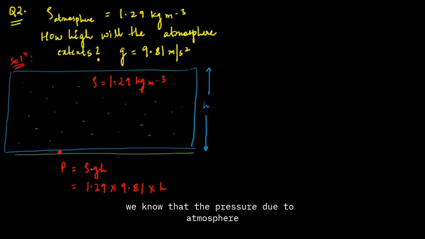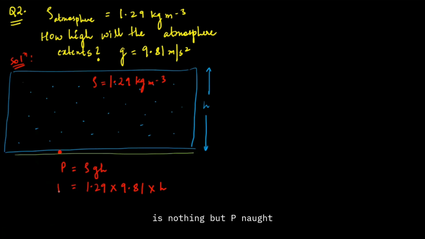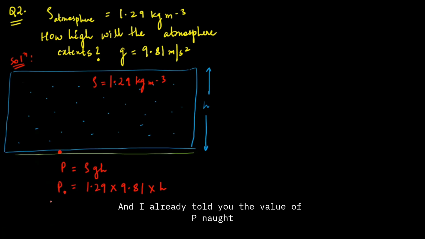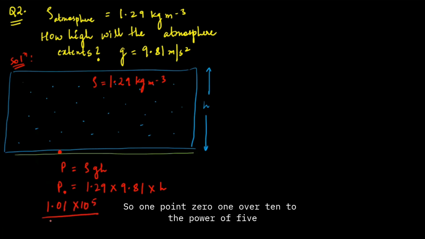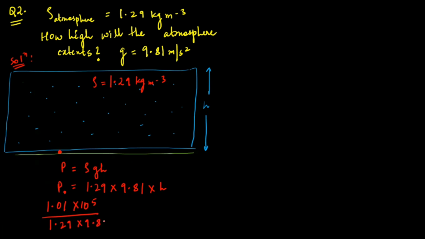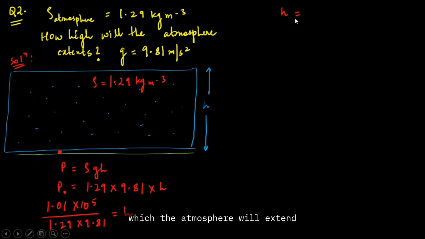Also, we know that the pressure due to atmosphere is nothing but P naught, and I already told you the value of P naught, that is atmospheric pressure. You can also write it as PA, 1.01 times 10 to the power 5. So 1.01 times 10 to the power 5 over 1.29 times 9.81 is equal to the height. So this is the height up to which the atmosphere will extend. Solve it and tell me what should be the value.